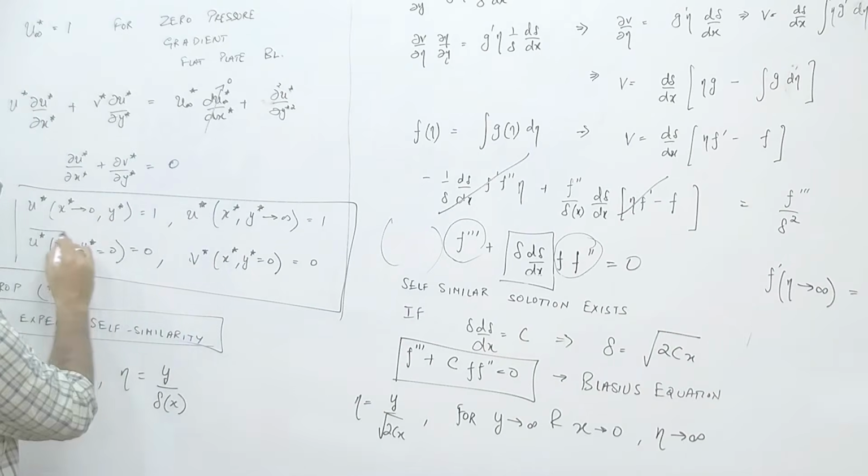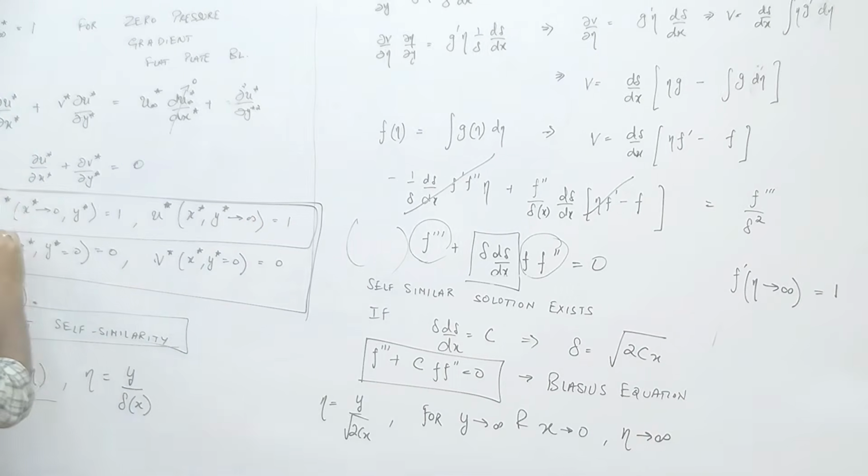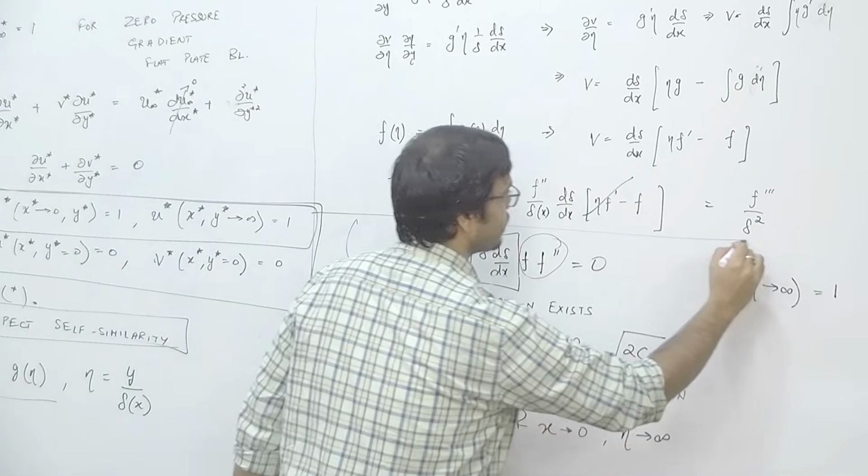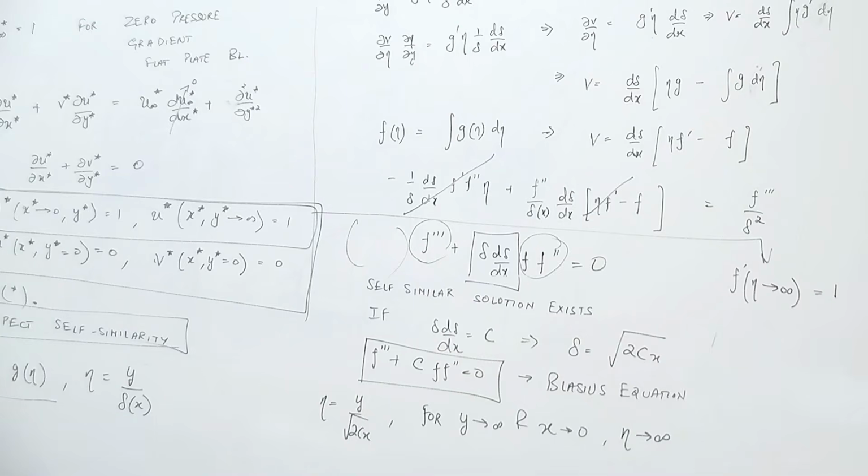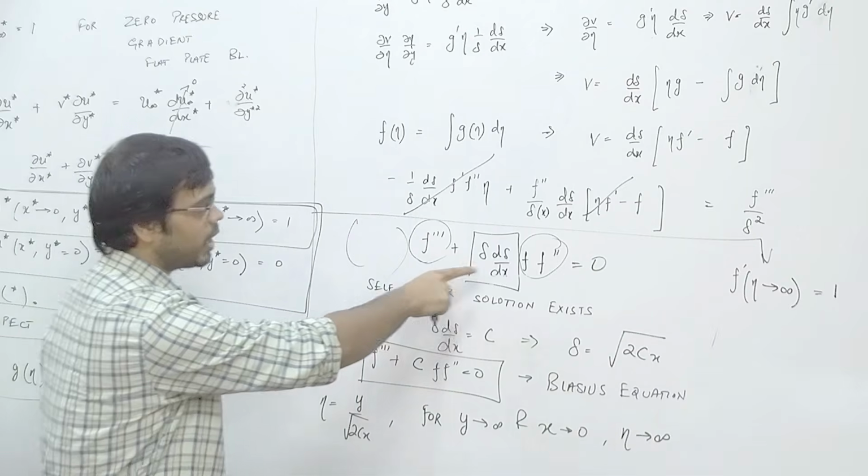So, both of these conditions give us this. So, two boundary conditions effectively have collapsed into a single boundary condition for f or f prime.